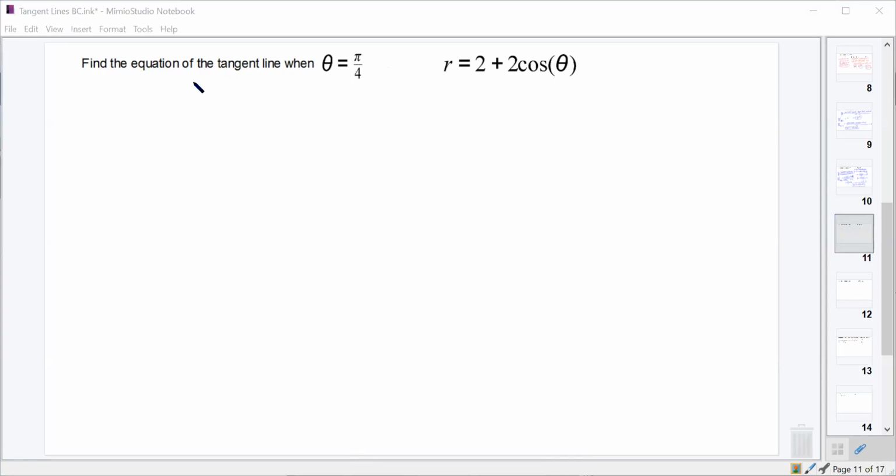So what does the graph of this look like as you're working on it? Should be a limacon, right? What type of limacon should it be?